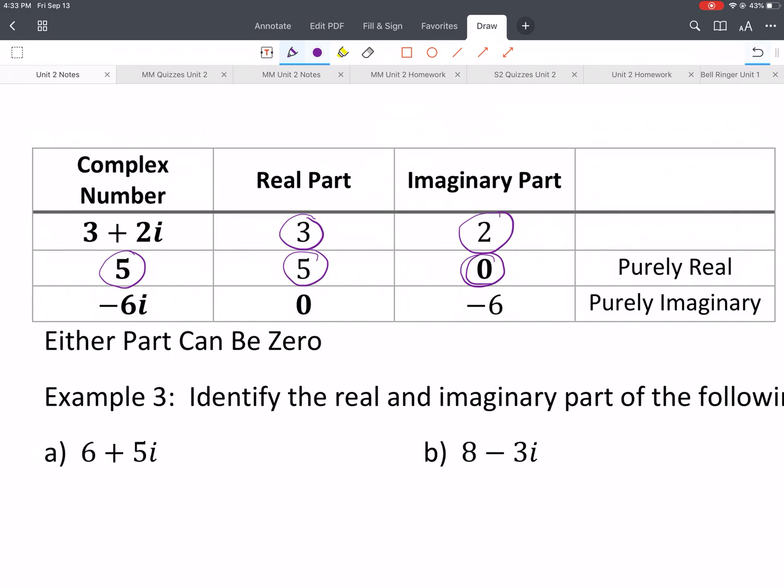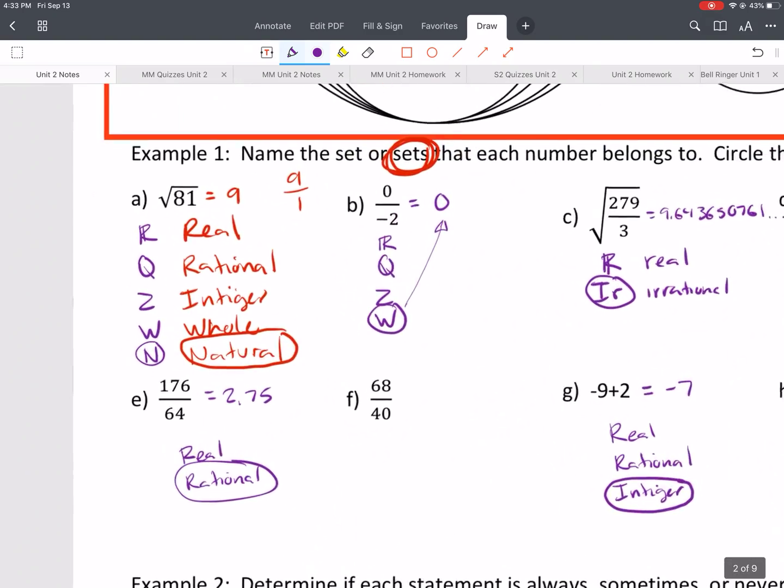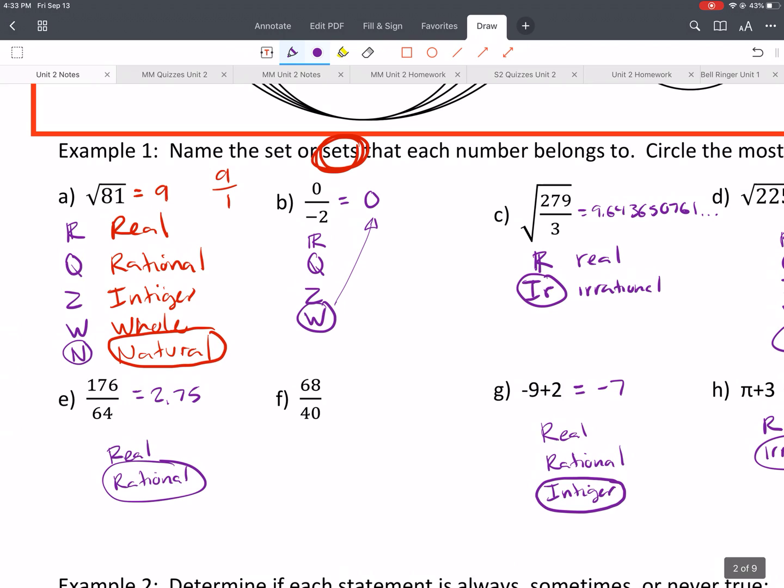So what we can get from this is, let's write that down, every number is complex. Okay? So looking back to here, when we listed these things, we really should be writing a C for complex very first.